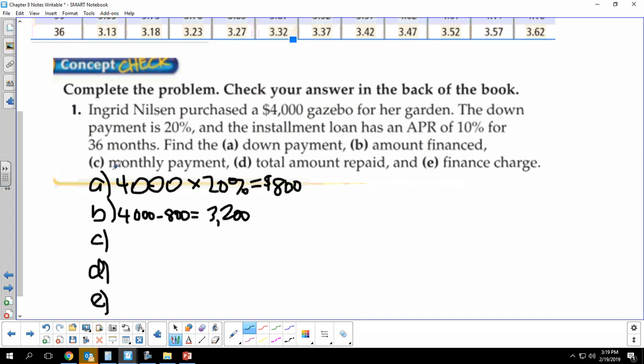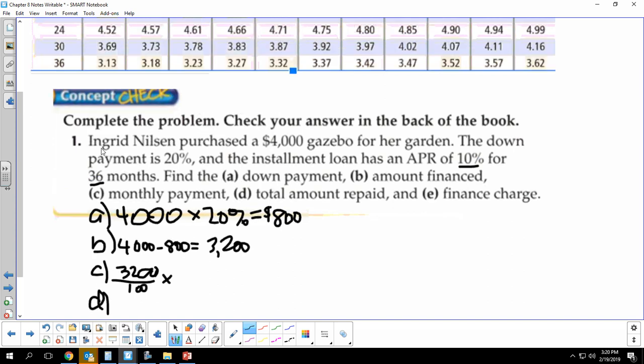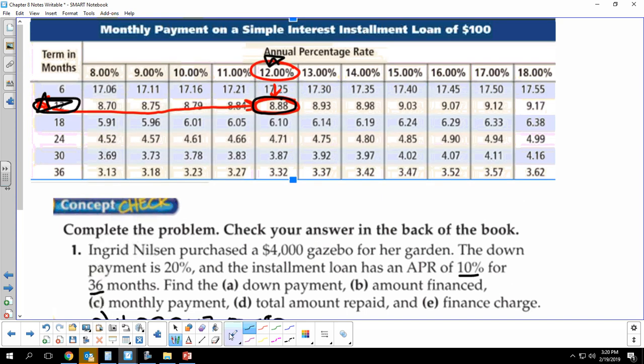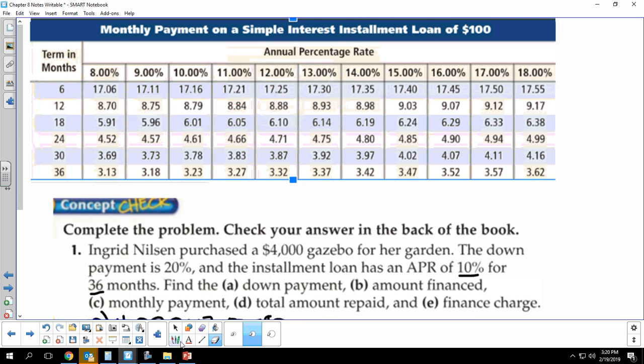Okay. The monthly payment, we're going to look up from this table. We're going to take the $3,200, divide by 100, because that's what the formula told us to do, and then multiply it by the table value. We have to look up 10% for 36 months. So we go back up to our table and find 36 months and 10%.